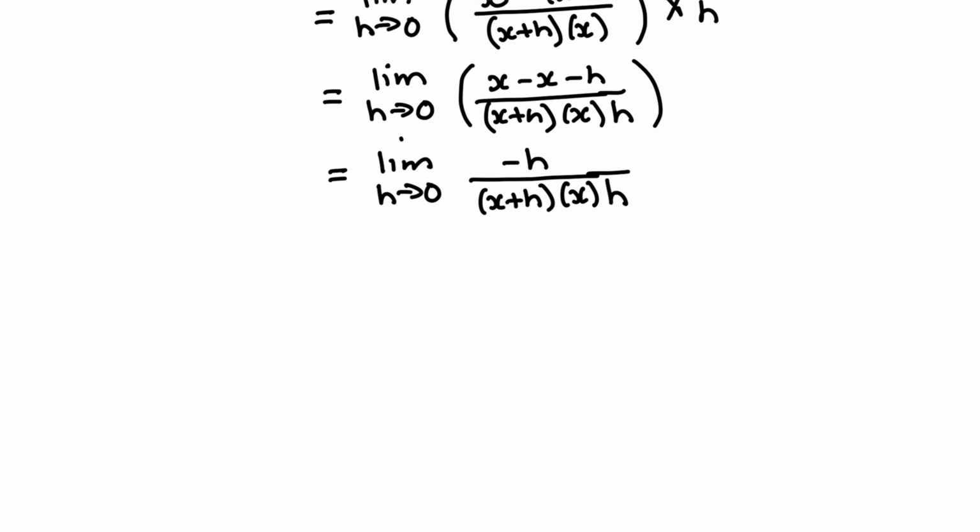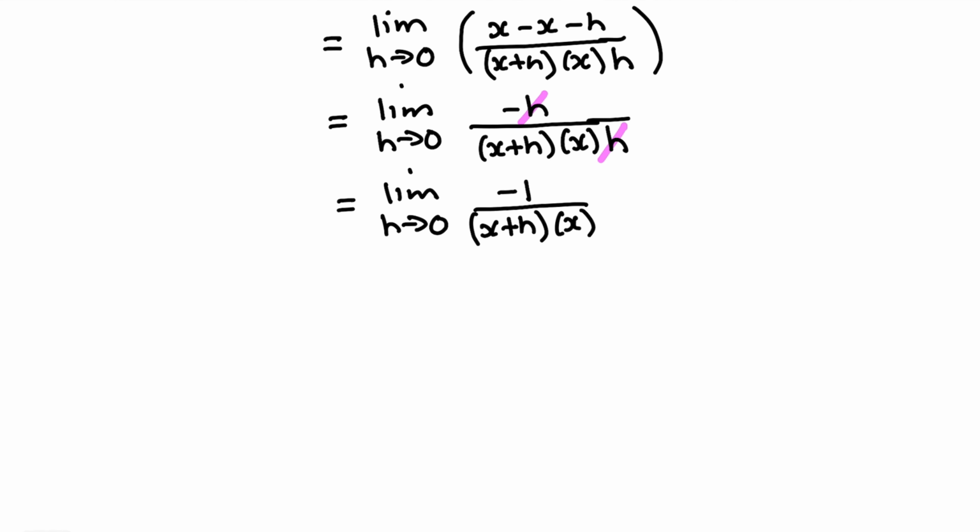And when you have one term over one term, then you can look to cancel out. I can see that I can cancel out the like terms of h. If I simplify, this becomes the limit of h towards 0 for negative 1, remember, the h is cancelled out, over (x + h) times x.